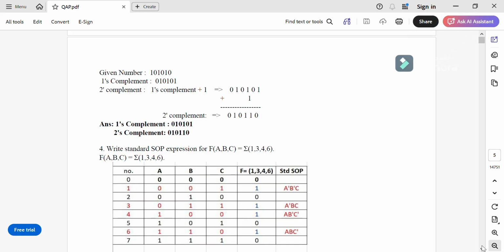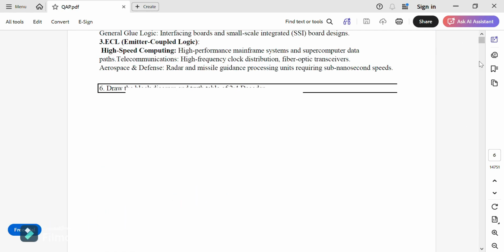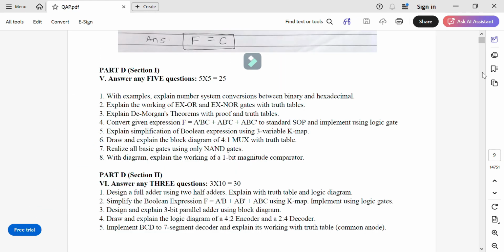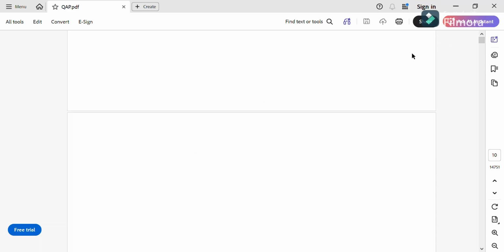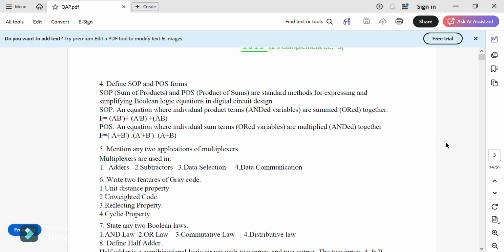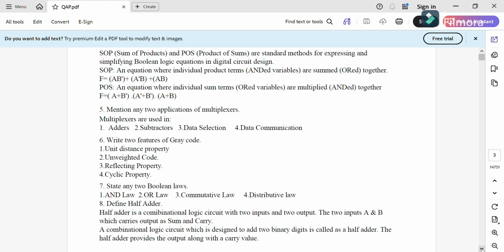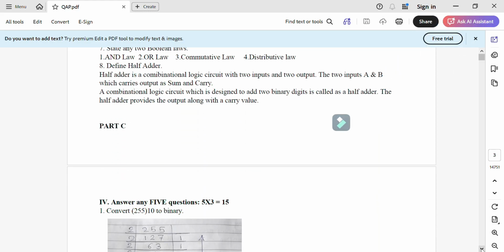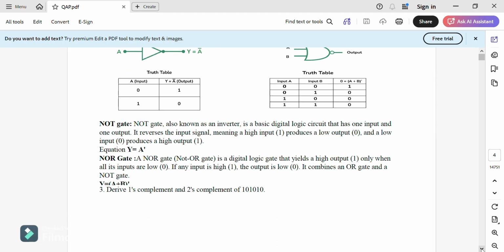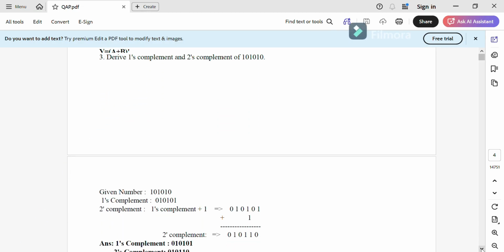Next question is write standard form. What is my next question?